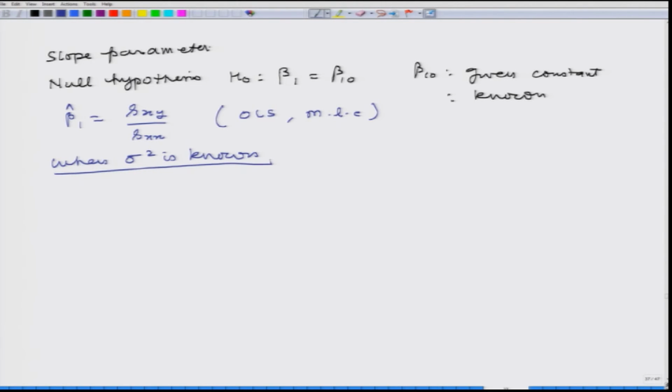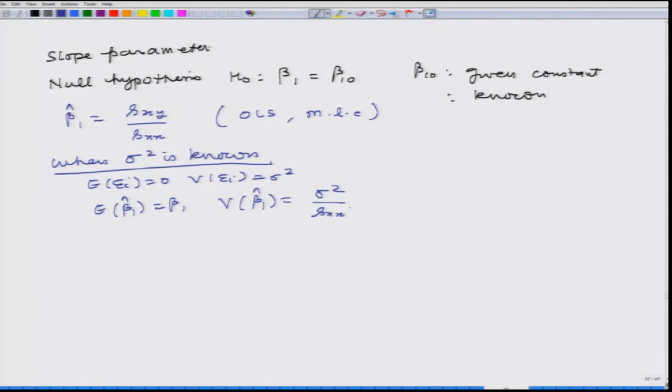Right. So, under this setup, since we have assumed that the expected value of epsilon i is 0 and the variance of epsilon i is sigma square, based on that we have demonstrated that the expected value of beta 1 hat is beta 1 and the variance of beta 1 hat is sigma square upon Sxx.